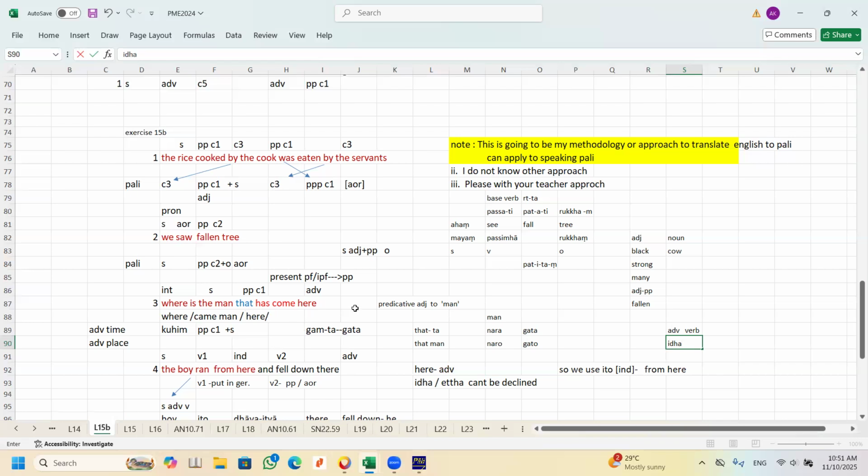Namely, the man that has come here. That whole line is an adjectival phrase. But if we take part of it, we say something else. In English there is a lot of terminology used. Different English teachers will use different methodology or terminology.